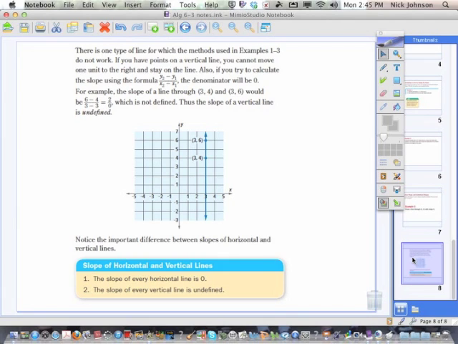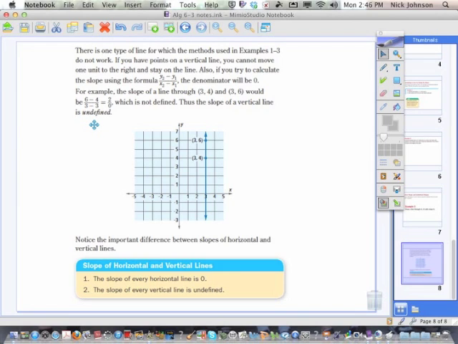For example, the slope of a line through 3 comma 4 and 3 comma 6 would be y2 is 6 minus y1 is 4. 6 minus 4 is 2. And 3 minus 3 gives you 0. 2 divided by 0, if you remember, is what we call undefined. Thus, the slope of a vertical line is undefined.